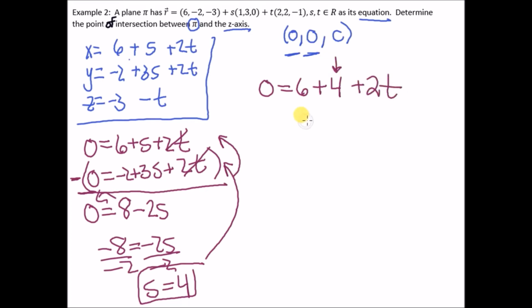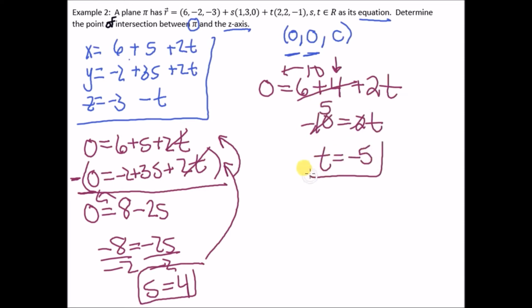Okay, and now let's just solve. So 6 plus 4 is 10, and let's bring that over. Negative 10 equals 2t. Divide out that 2, we get t equals negative 5. So we have the two parameters, s equals 4 and t equals negative 5, that we need in order to find the intersection of this plane with the z-axis.